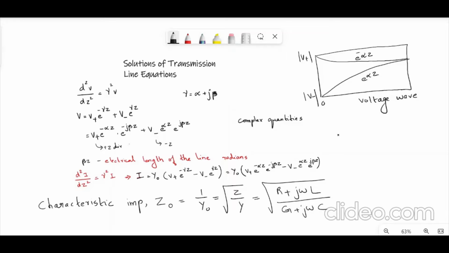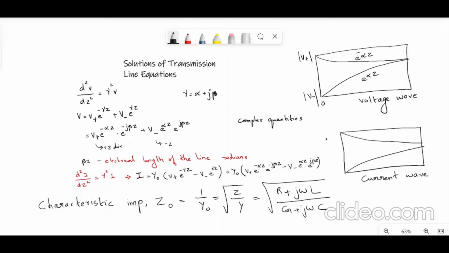And similarly, the current wave will also have both positive and negative directions, and we can also represent this as I+ and I−.